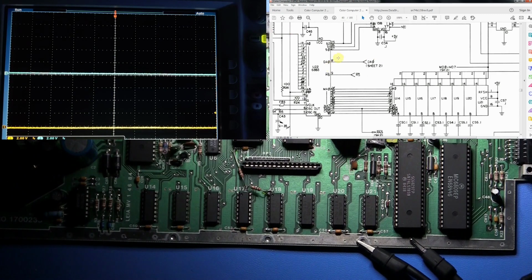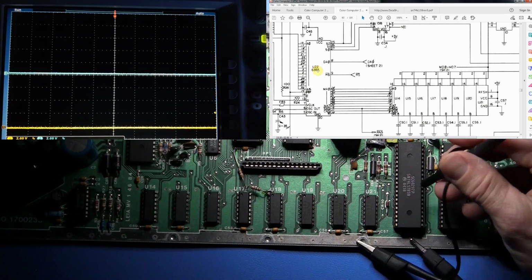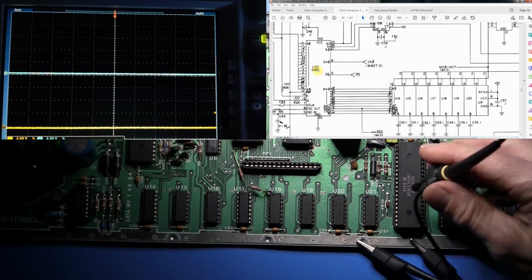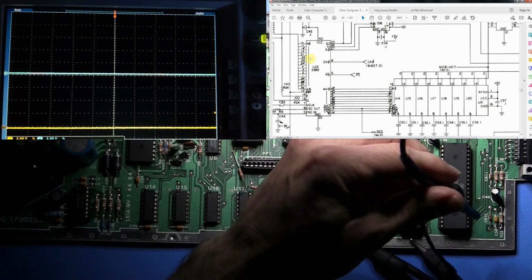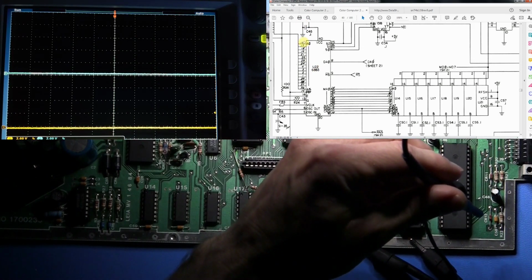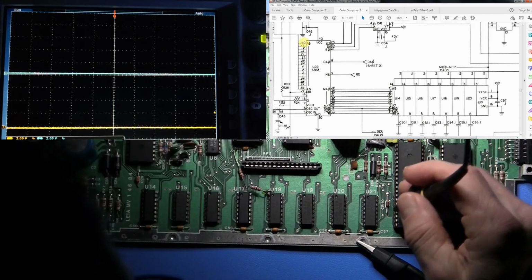Okay, let's move over to the 6883 synchronous address multiplexer, the SAM chip, also known as the 74LS783. Starting with the top left corner of the schematic symbol anyway, that's pin 16.